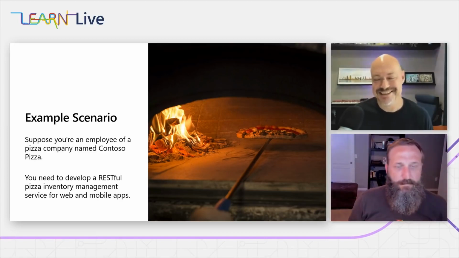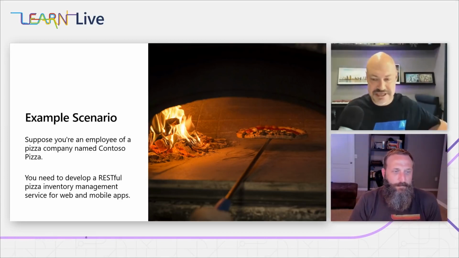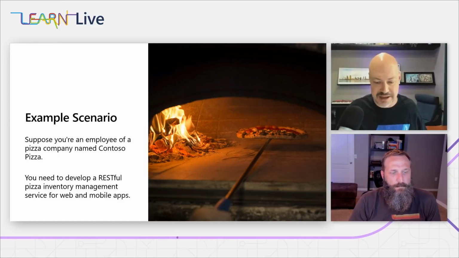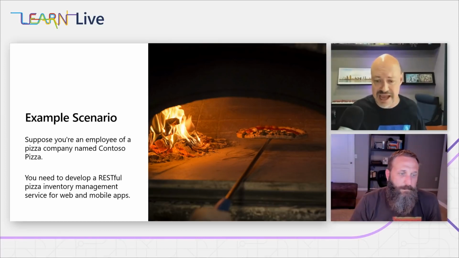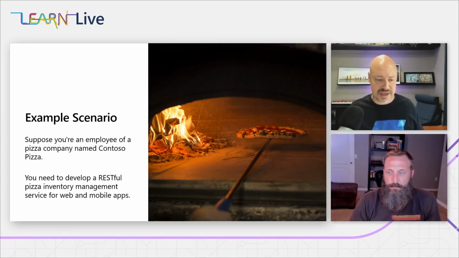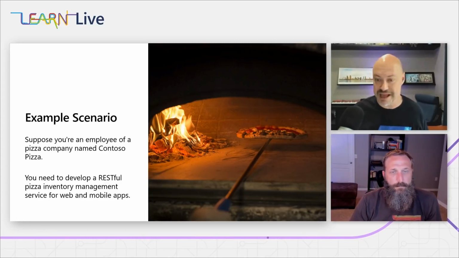Breakfast pizza. So the scenario is we're working at a pizza restaurant and we're setting up an API for them. These days, a pizza restaurant probably has a mobile application, and you may also have back end services where your pizza cooks are going in and updating whether or not they're cooking the pizza.